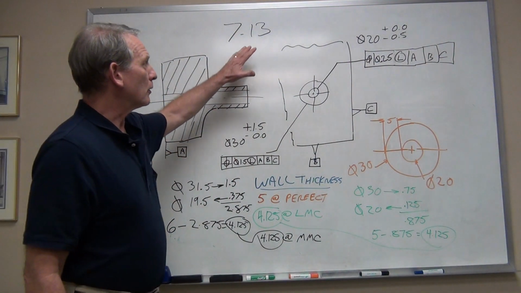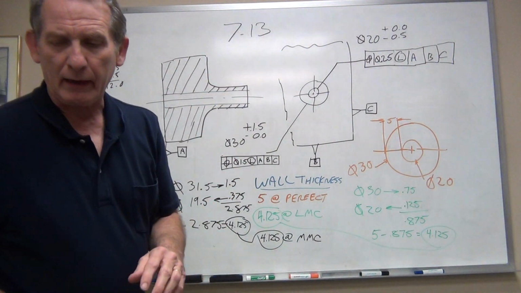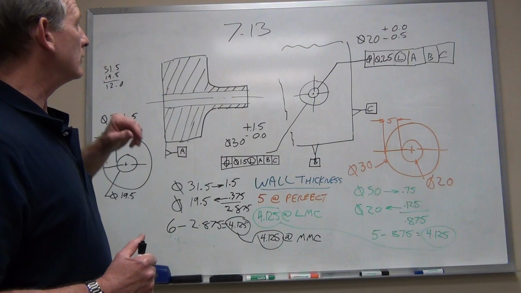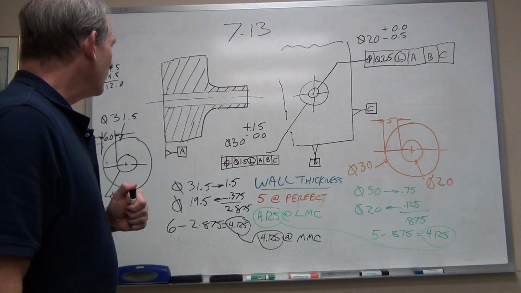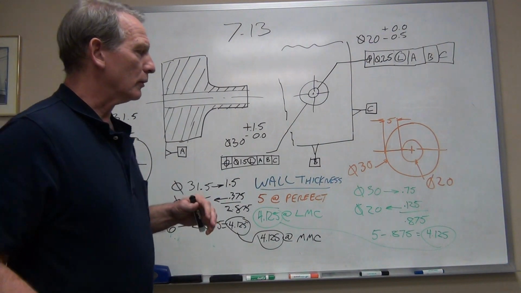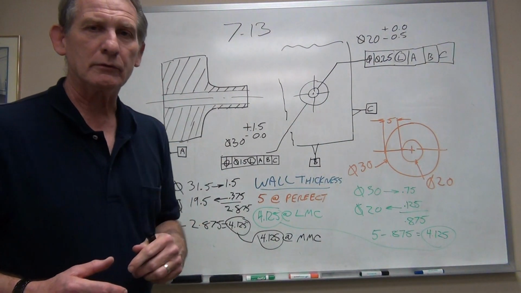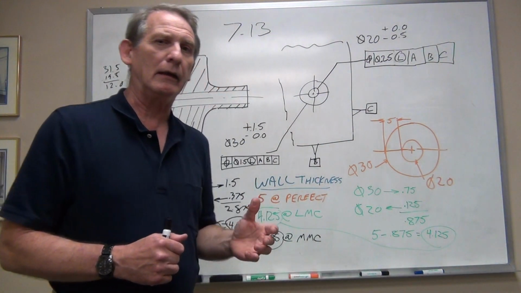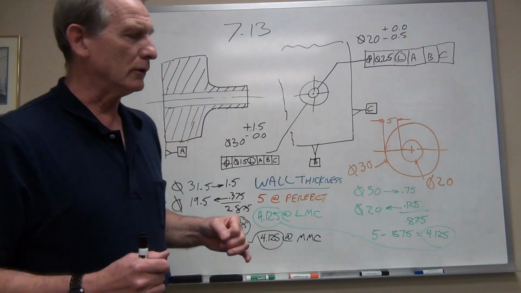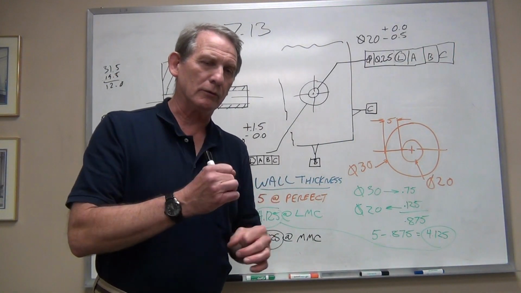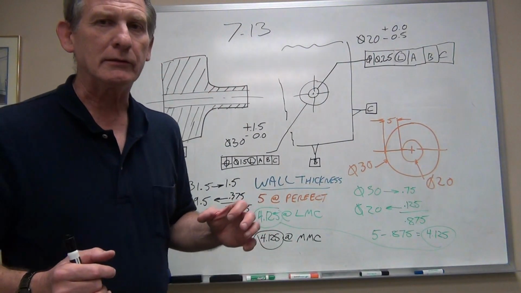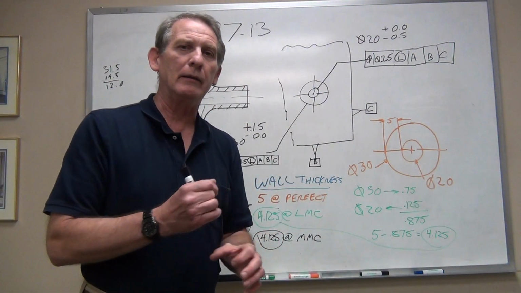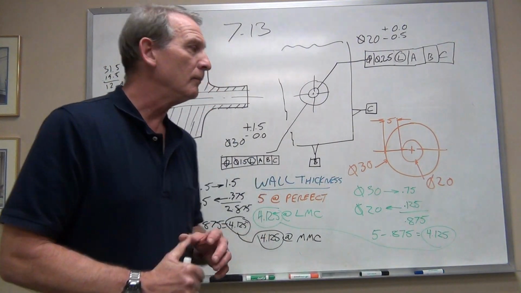What I've drawn here on the board, of course, is right out of your handout. It's figure 7-13, so you can follow along with that. What I'm going to do though is step through the different states that this thing can be in. We can end up with the boss and the hole at certain conditions, and they can be perfectly aligned, or in the worst case they can be misaligned by whatever the tolerance will allow.